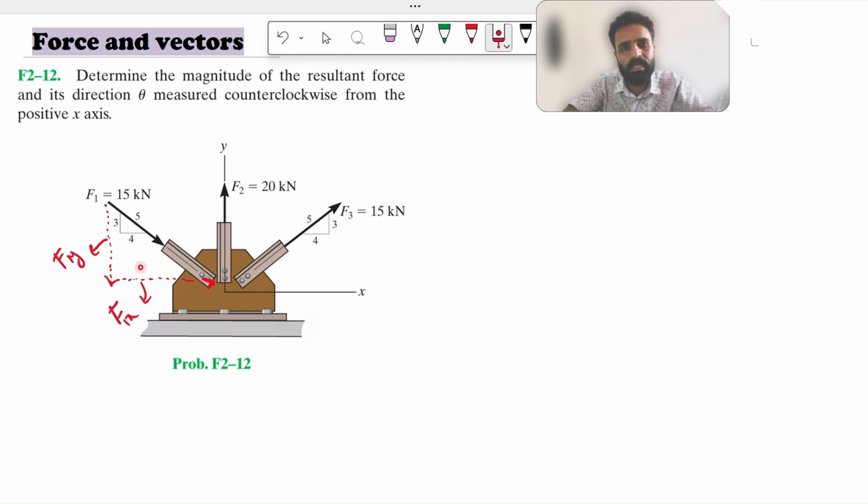The base of the large triangle divided by the base of the small triangle will be equal to the base of the large triangle, which is F1x, divided by the base of the small triangle, which is 4, equal to the hypotenuse of the large triangle, which is 15 kilonewton, divided by the hypotenuse of the small triangle, which is 5. So F1x will be equal to 12 kilonewton. Its direction is on the right side from the origin, so it will be positive.